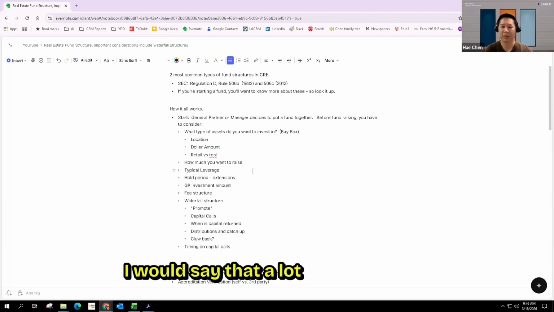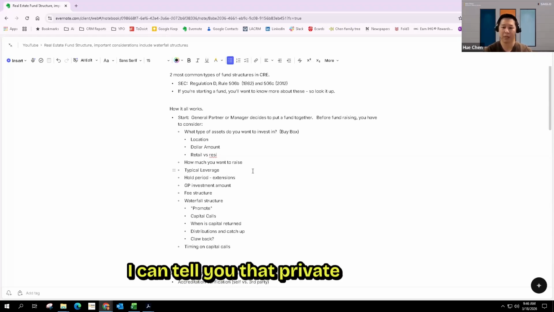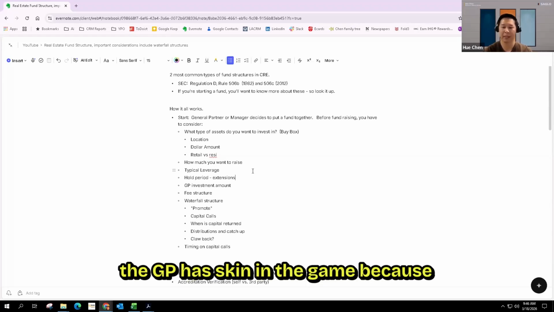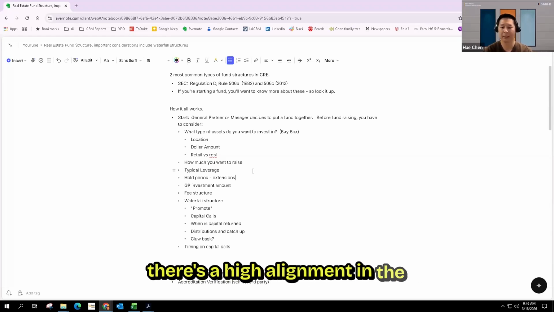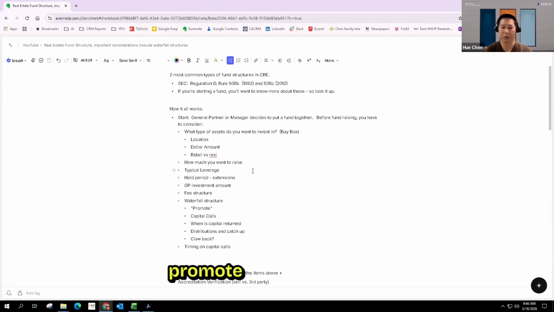I've seen a lot of other funds anywhere as low as 2 to 3% to 5% on the low end. And I do know that there are a lot in our peer group that do put in 20 to 25%. I can tell you that private investors want to see that the GP has skin in the game because there's a high alignment in the success of the assets, and that the GP is not just cash flowing only off the promote structure, right?